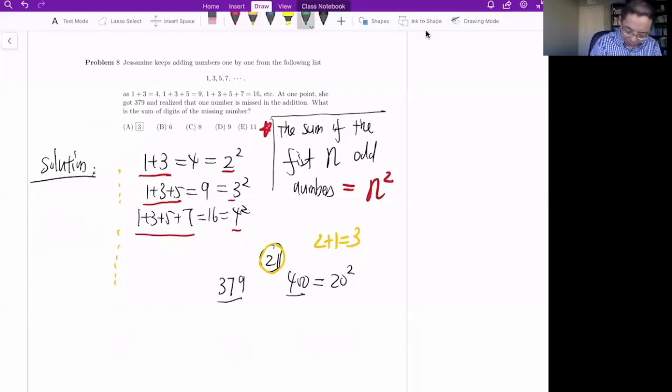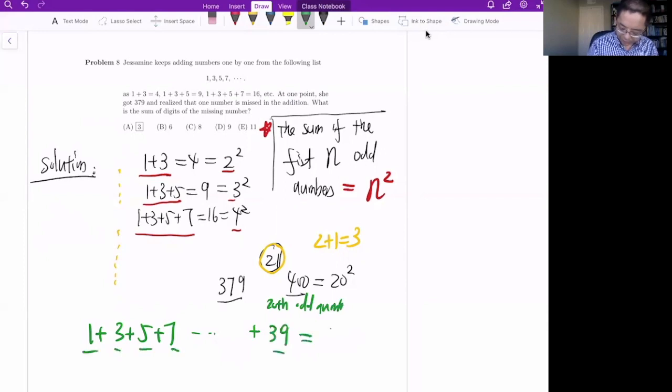Up to the point, 1 plus 3 plus 5 plus 7, and all the way to the 20th odd number, which is 39. If you add all those together, you should get 400. Nevertheless, somehow 21, which is in the middle, is missed. Then you get 400 minus 21, that's 379.